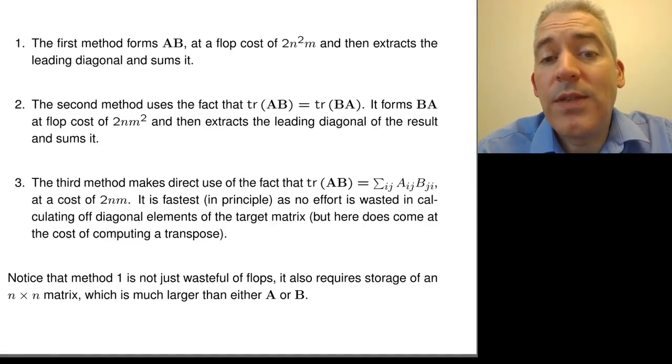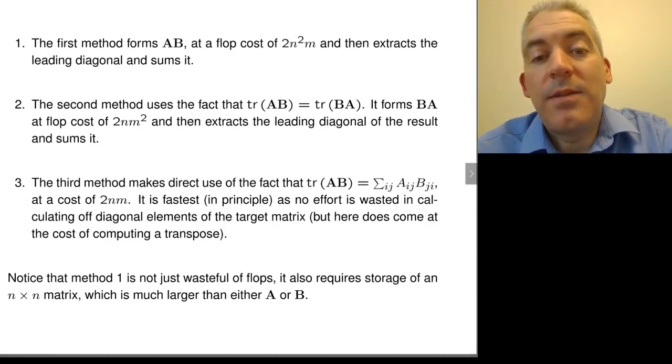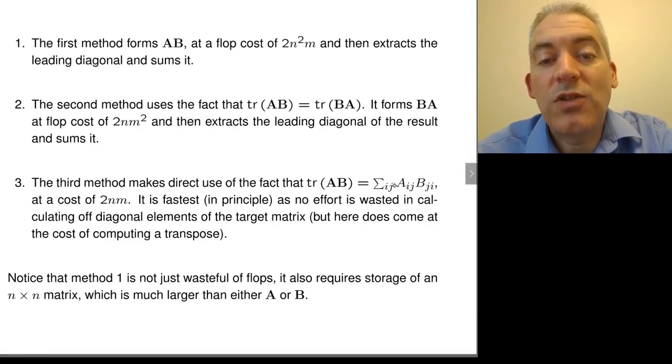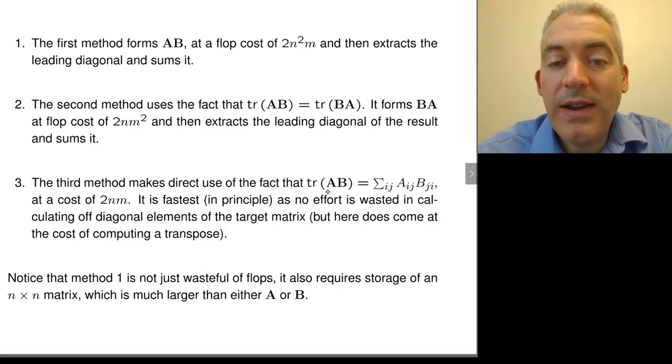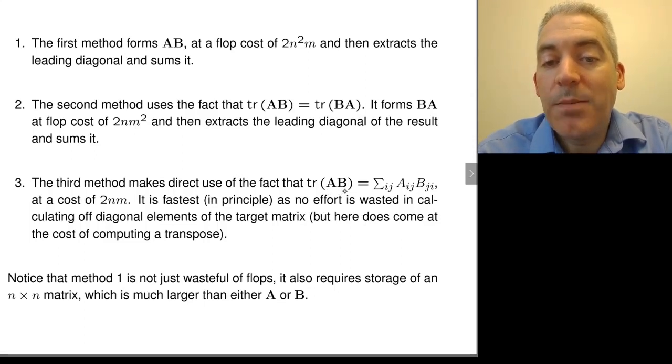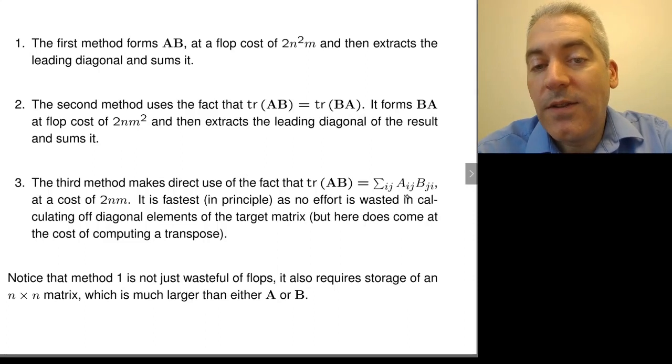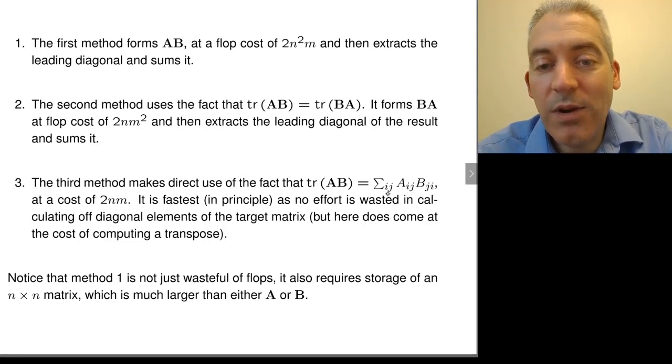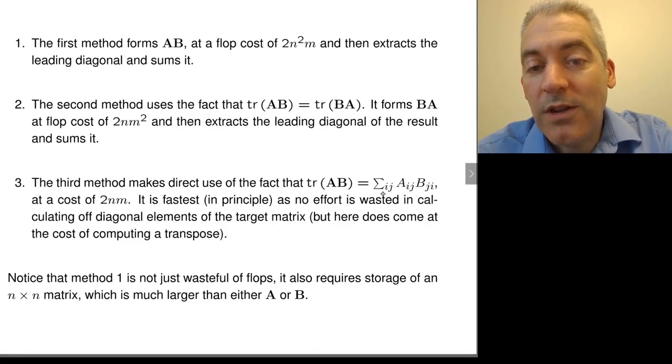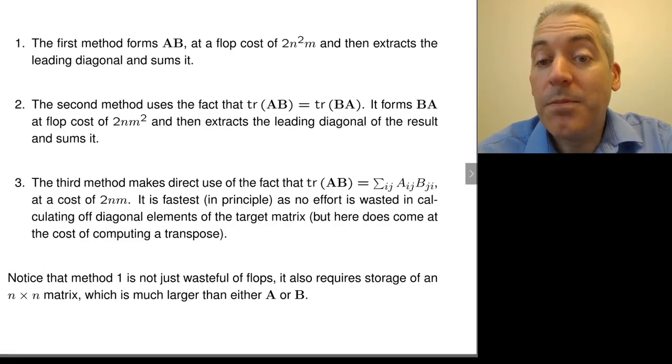But the third method is perhaps the least obvious, and that's just directly writing out what the trace of AB is, and if you slog out the algebra, you quickly convince yourself that it's simply the sum of the element-wise products of Aij and Bji.